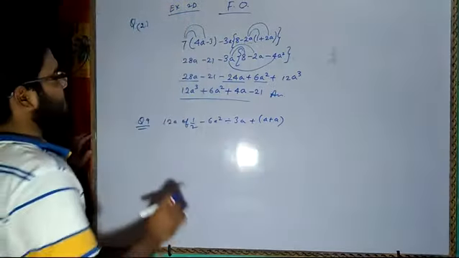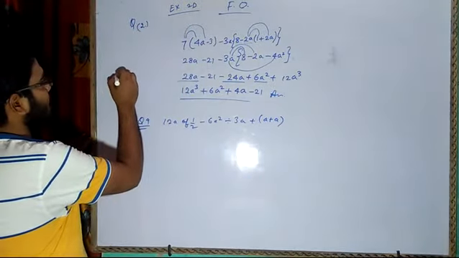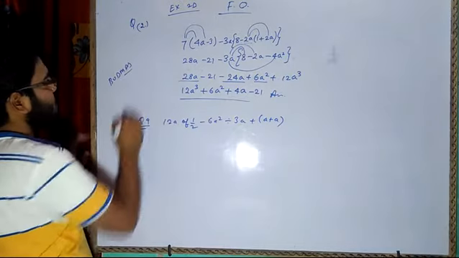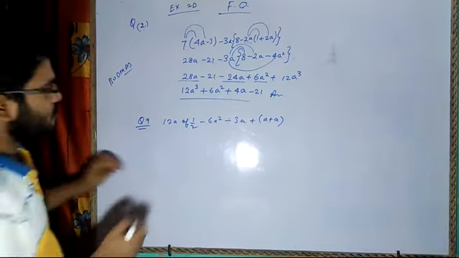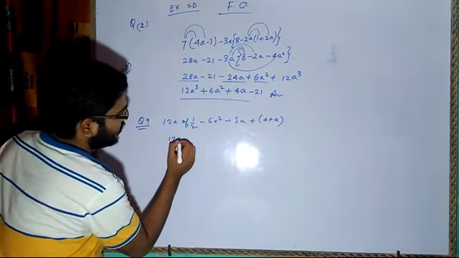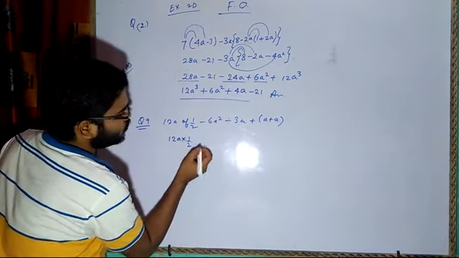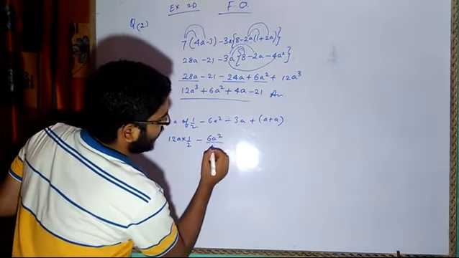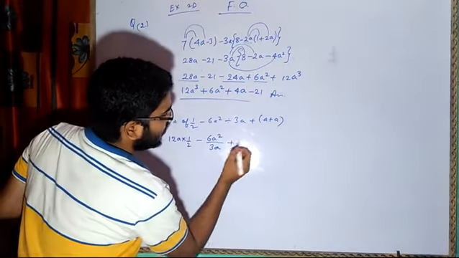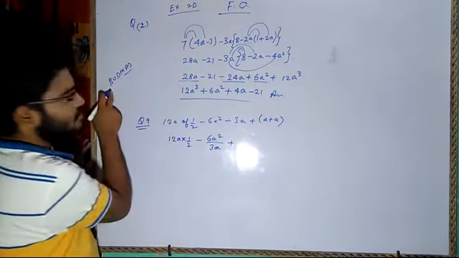Now this is what we have to do, the simplification. As you all can see, the BODMAS rule says first division, before that, of is there. So here we are having of. So I can write 12a into 1 by 2 minus 6a square division, that means here 3a, plus this bracket was already the first option.